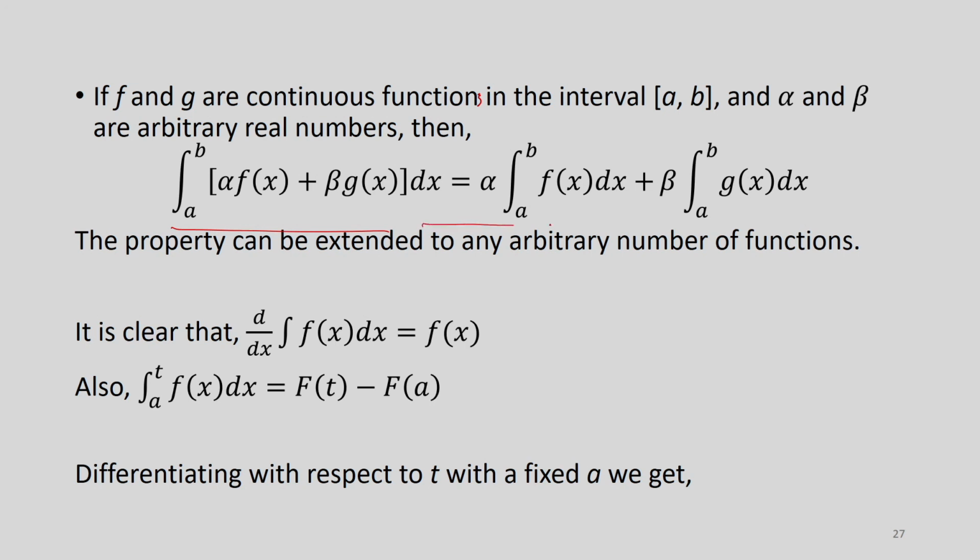Again, this is similar to the property of indefinite integral that we have seen before. The difference being, here there are limits to the integral, because we are talking about definite integrals here.